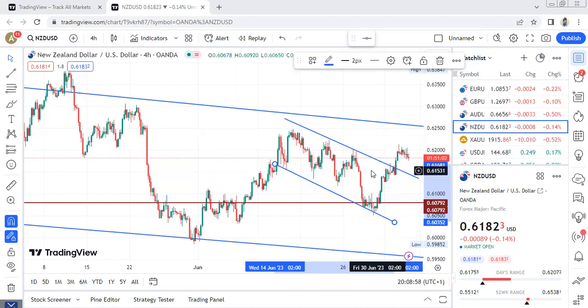So I will take 1, 2, 3, 4, 5, 6 trades, but 5 will go my way and 1 will hit my stop loss, which will still make me profitable in the long run.